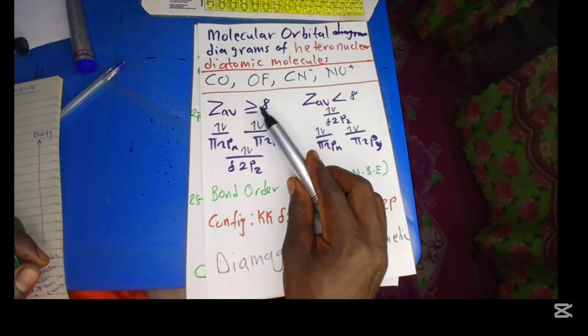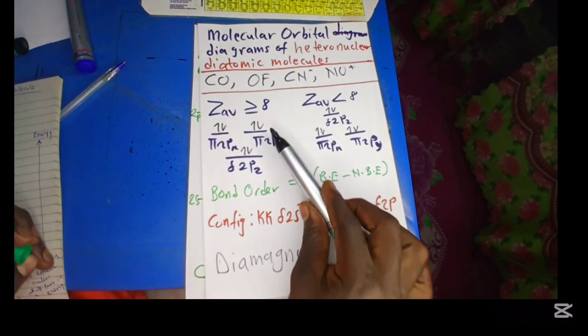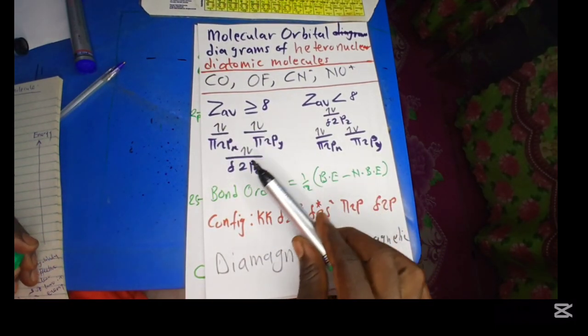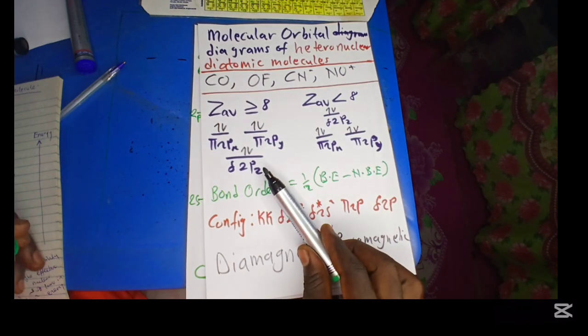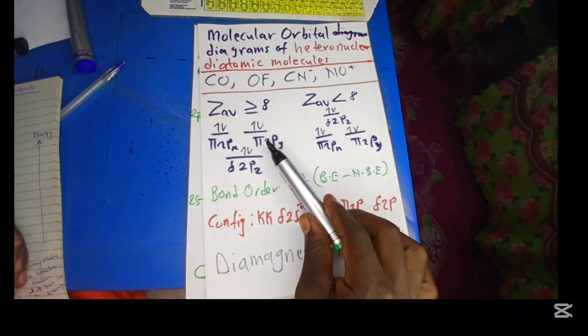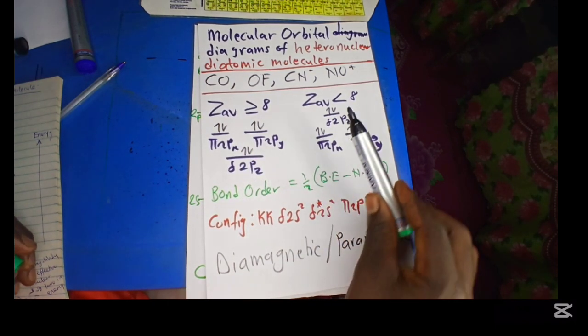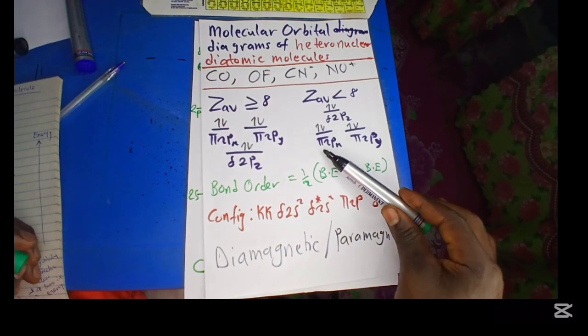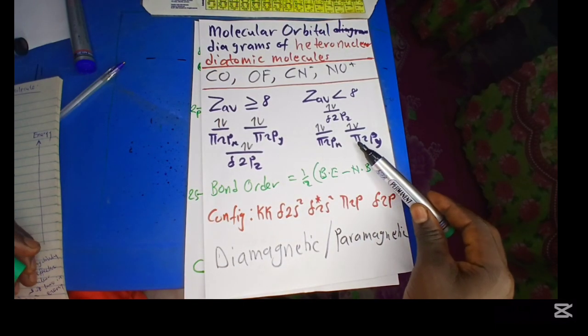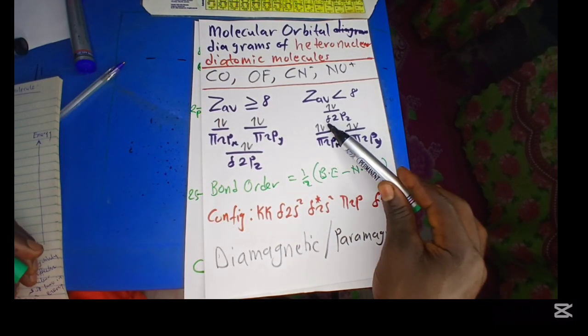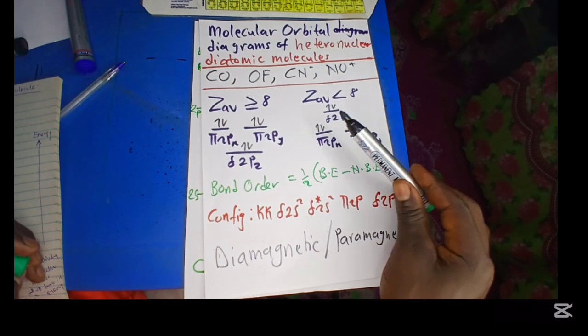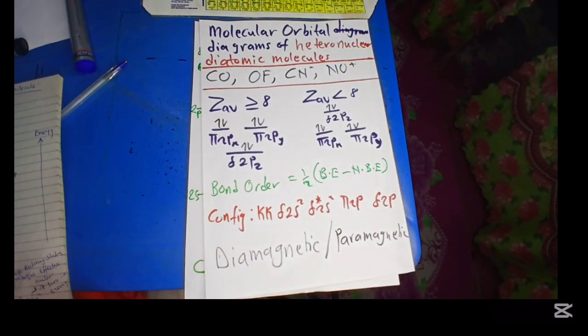If it is greater than or equal to 8, then the sigma 2pz comes first, before the pi 2px and pi 2py. But if it is less than 8, then the pi 2px and pi 2py come first, before the sigma 2pz. So this is what you should know. Let's look at this.